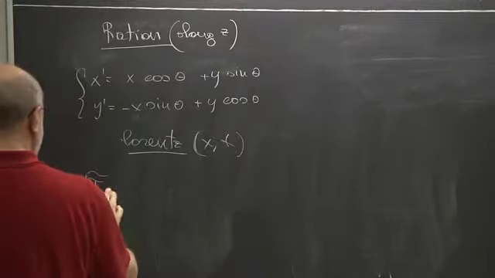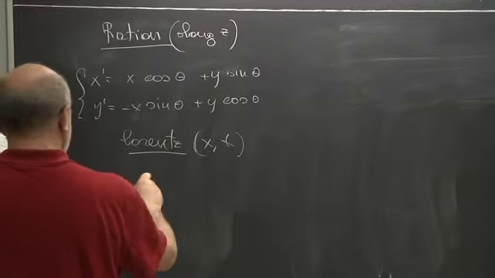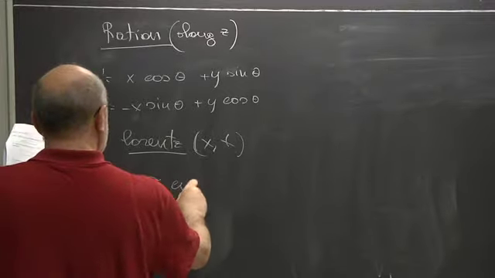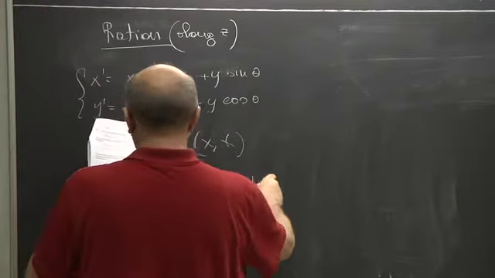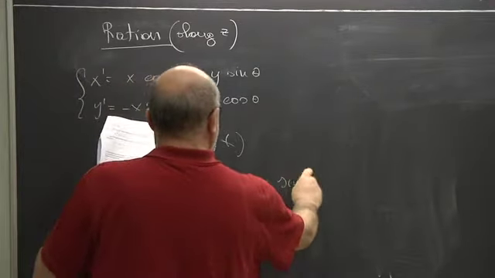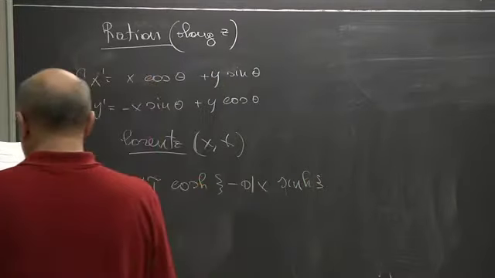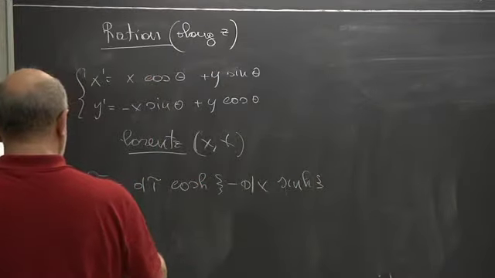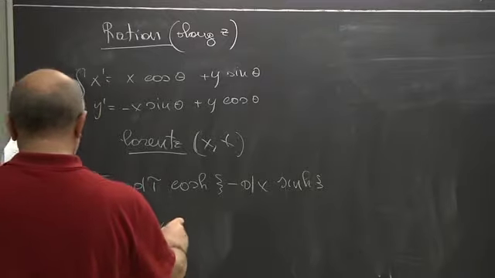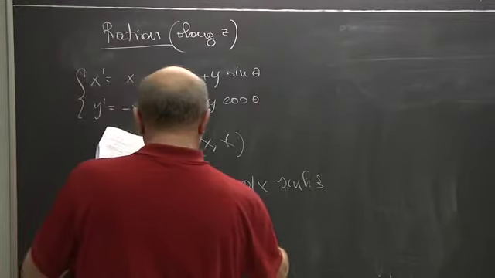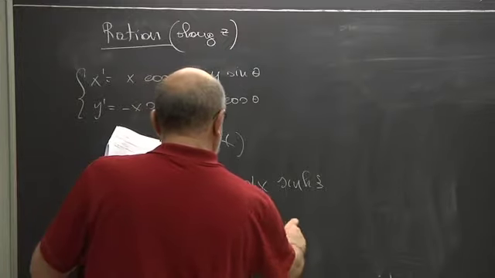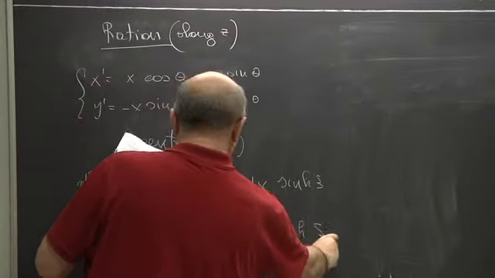and I use a very fancy notation, which is this: dt tilde is equal to dt cosh xi minus dx sinh xi, and dx tilde is equal to dx cosh xi minus d tau sinh xi.